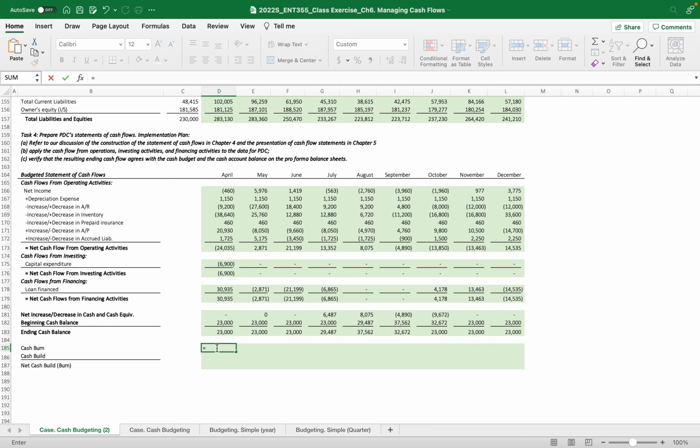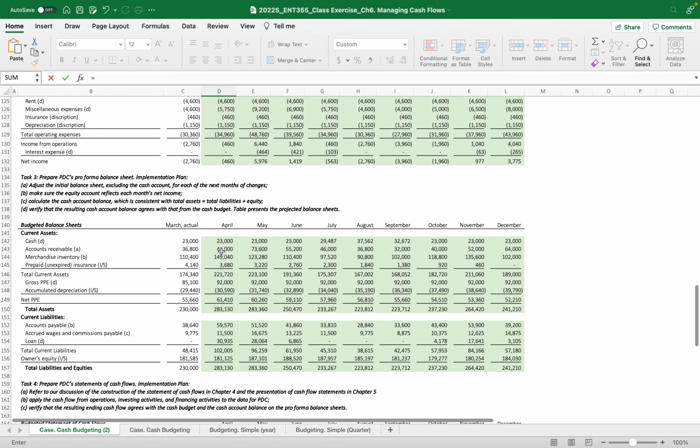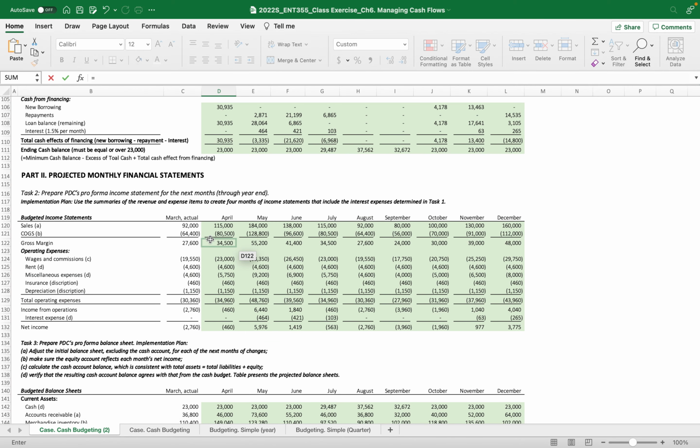For cash burn, we want to see the pure cash out from actual use. So we always get the income statement expenses here, plus wages, plus the rent and miscellaneous expense and insurance, skipping the depreciation, and then the interest expense.